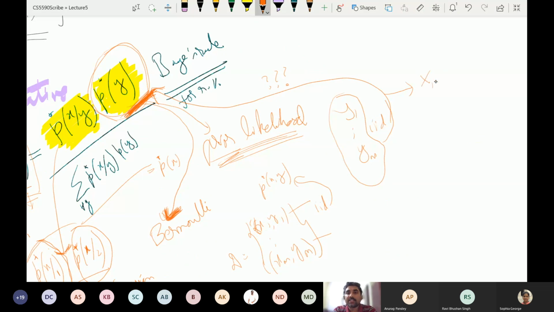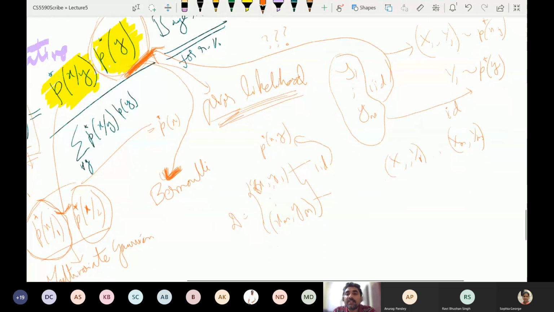Okay. Now once you ask this question, it is easy to show that it is IID because you are saying x1 comma y1 is generated from p star x comma y. So definitely y1 will be generated from p star of y. So that's not a problem. All these are identically distributed. That's very clear. Secondly, I am given that x1 comma y1 to xm comma ym are mutually independent.